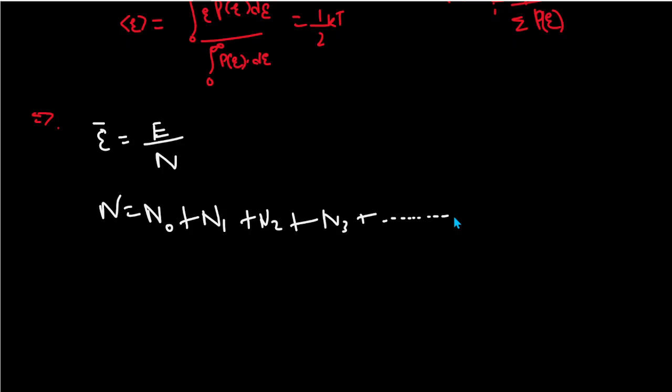So what the law says is that there are n0, n1, n2, n3, and n4 particles. So what is n0? n0 means the particles who have zero energy. Maybe there are some electrons that have no vibrations at all, and they have zero energy.